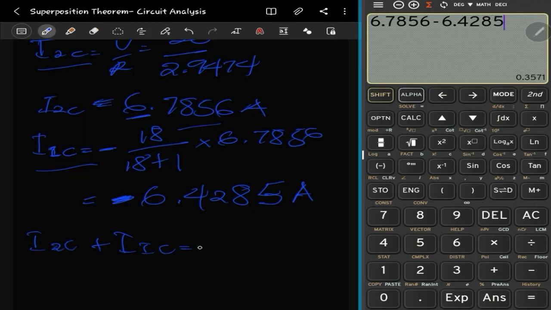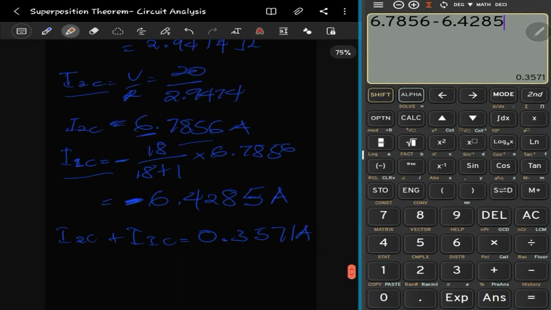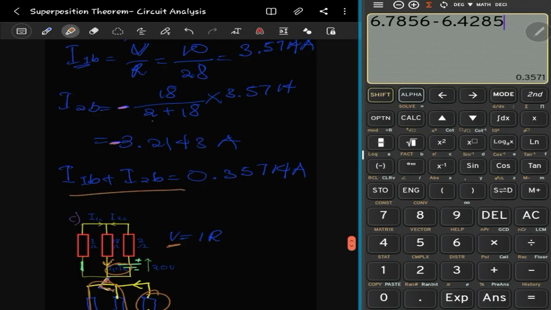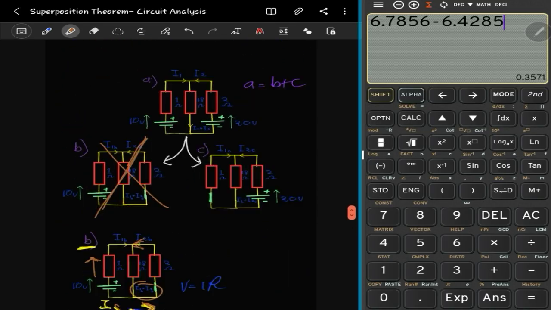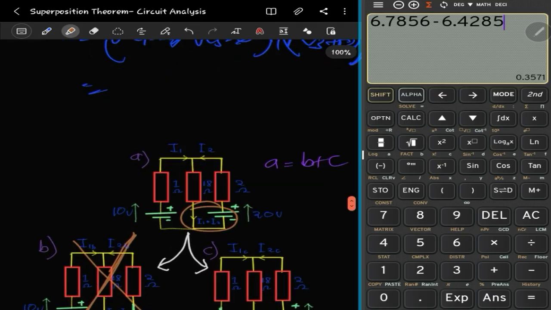So that gives us 0.3571 amperes. Right. So now that we have these two, this and then this, we can actually find in the original current this one right here.